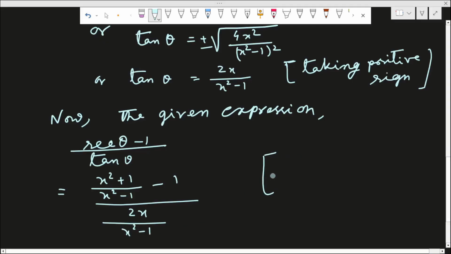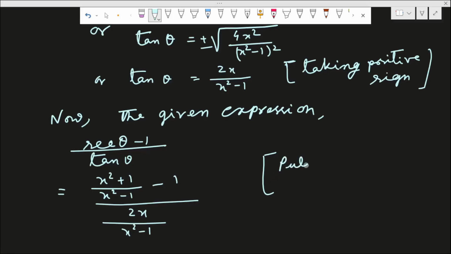Now putting the values of sec theta and tan theta.